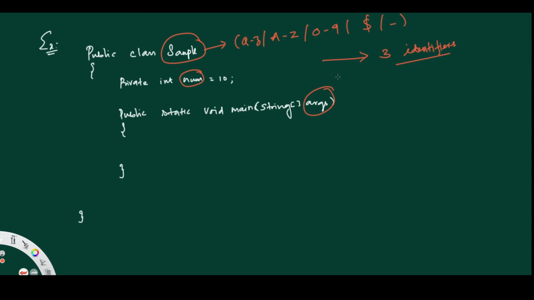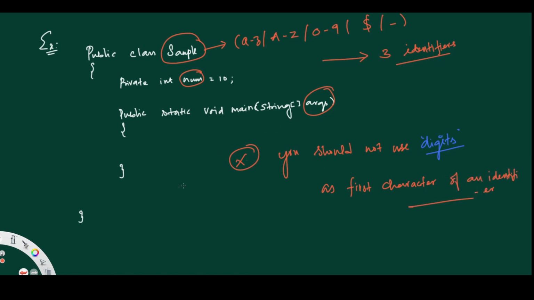And one more thing which I forgot to mention, and that is very important: you should not use a digit as the first character of an identifier. This is very important, which I missed discussing.